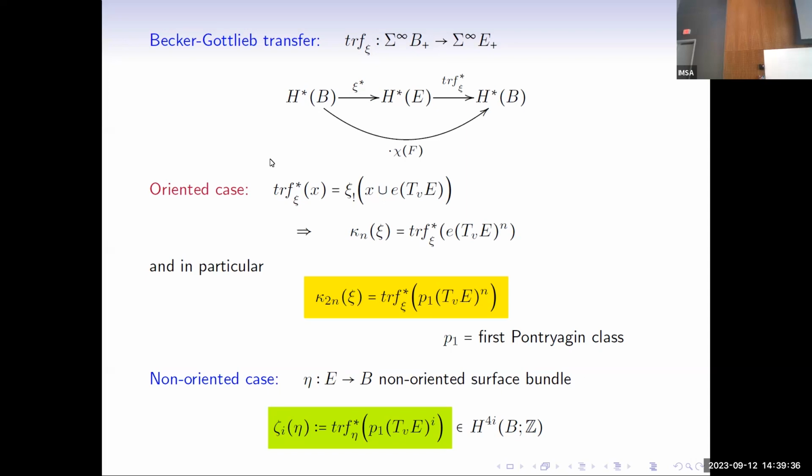So there's a way to define these Miller-Morita-Mumford classes in terms of this transfer and the Euler class, and in particular, if you look at the even dimensional ones, so this is a class of dimension 4n, these are gotten as images of the transfer of powers of the first Pontryagin class of the vertical bundle.